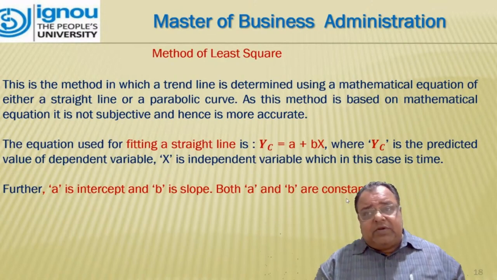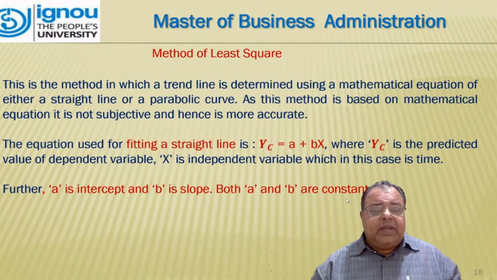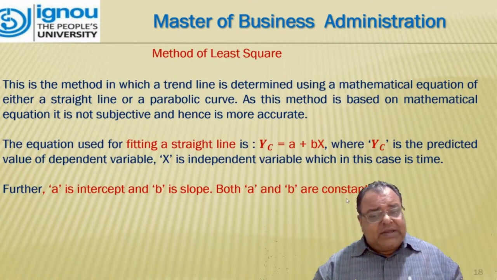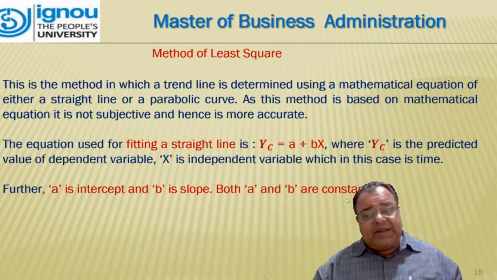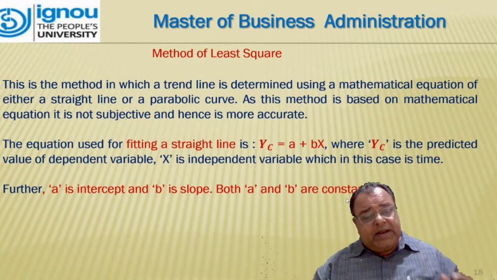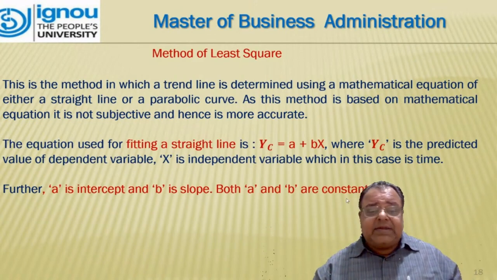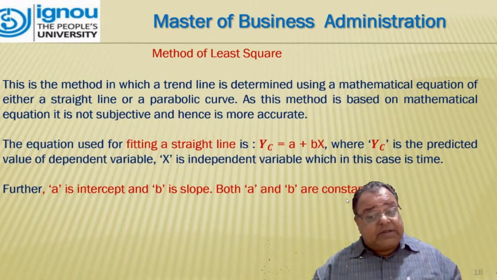The equation used for fitting a straight line is yc = a + bx, which is similar to the equation of a straight line, that is y = mx + c, where yc is the predicted value of the dependent variable and x is the independent variable, which in this case is time. Further, a is the intercept and b is the slope. Both a and b are constants.